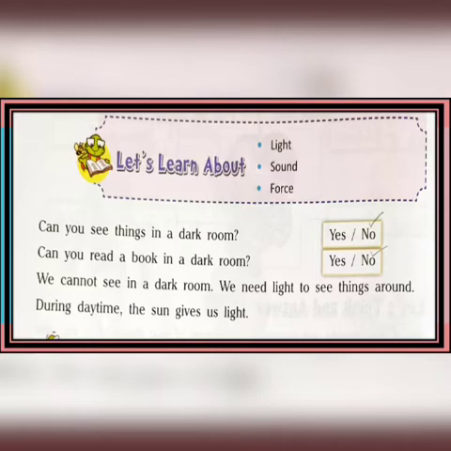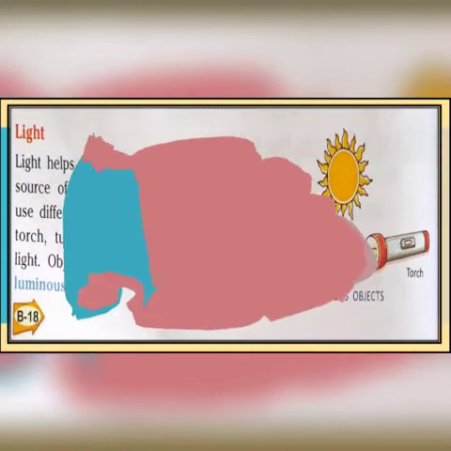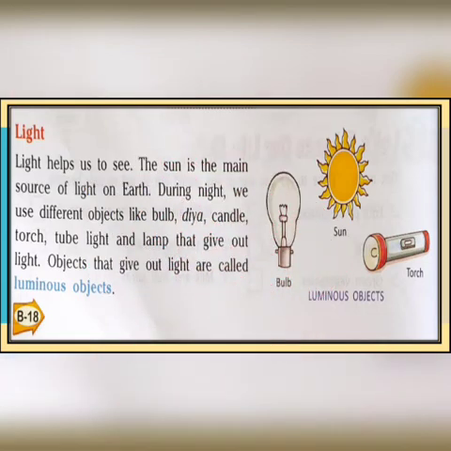We all know that we cannot see in a dark room, right? To see things we need light. During daytime the sun gives us light, that's why we see, and at night we need some artificial source of light, like a bulb, torch or lamp.